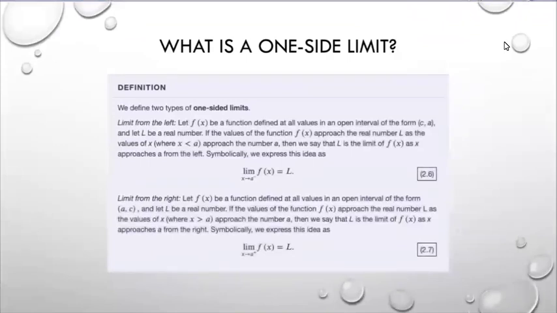One-sided limits: one is the limit as we approach x equals a from the left, and the other is the limit as x approaches that value a from the right. The left, you will see with the negative as an exponent, and you will see the plus for the right.